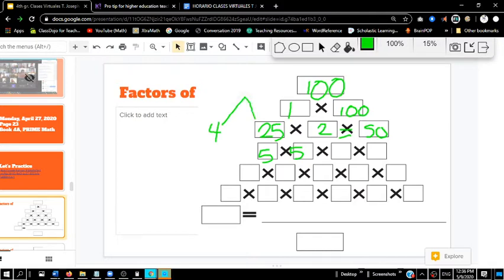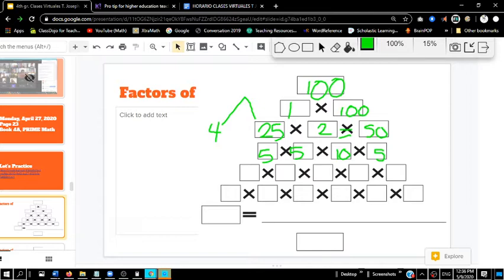I'll just add a new branch right there. 50, well, 10 times 5 is a factor of 50, and then I can branch that out again. Let's see, 6 isn't a factor, 7 isn't a factor, is 8 a factor? No. 9, 10, I think we've got them all. 20 is a factor. 20 times 5 is a factor.